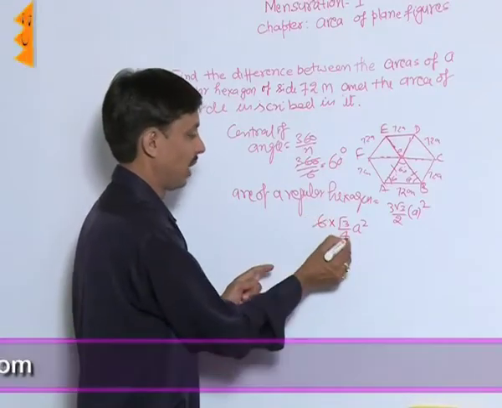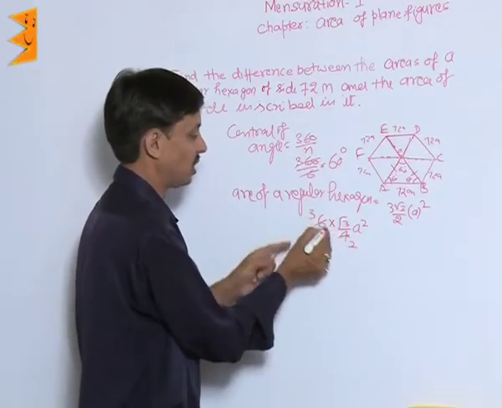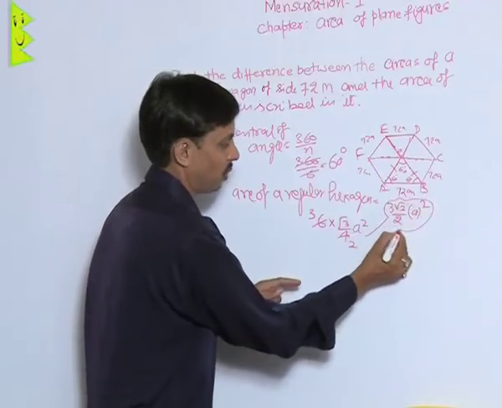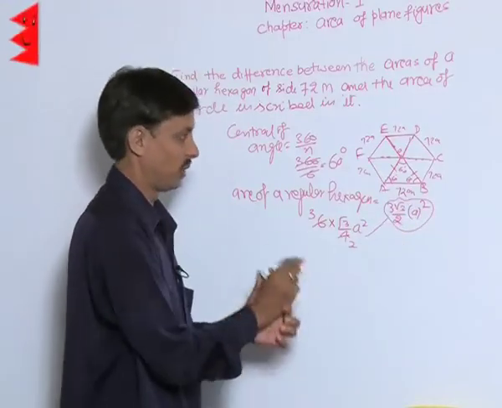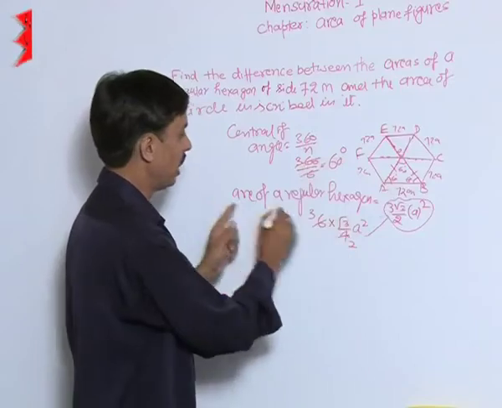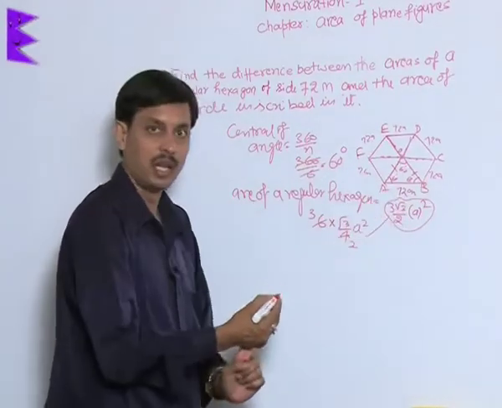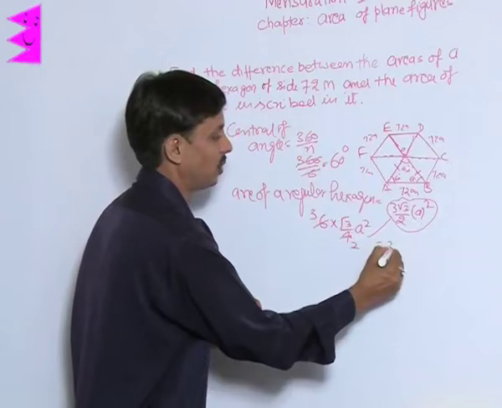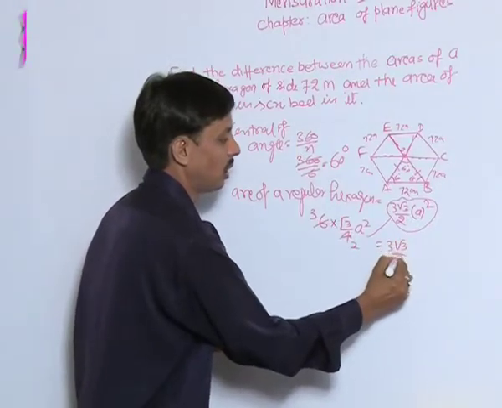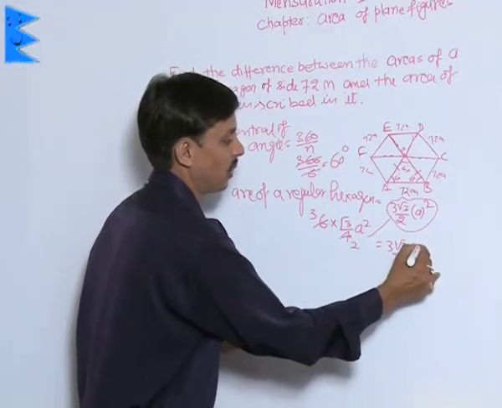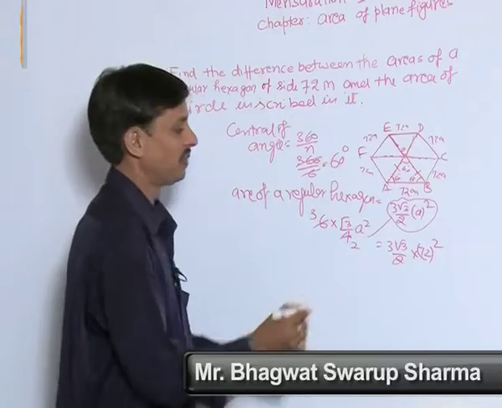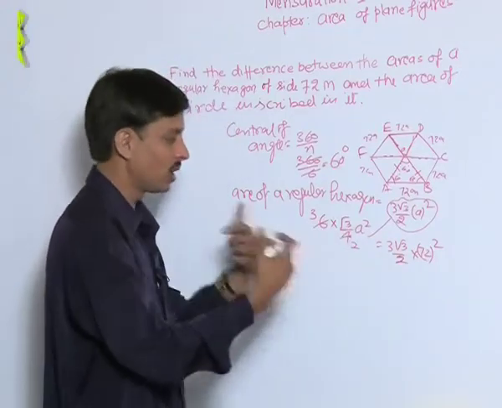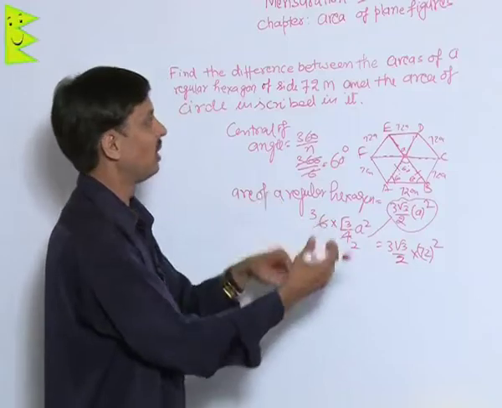After solving, 2 2s are 2, 2 3s are 3 root 3. This is the origin of the formula for calculating the area of a regular hexagon. Here the hexagon has side 72 centimeter. So what is its area? Area becomes 3 root 3 upon 2 into 72 whole square. This is the area of this regular hexagon which can be calculated. Now there is a circle.